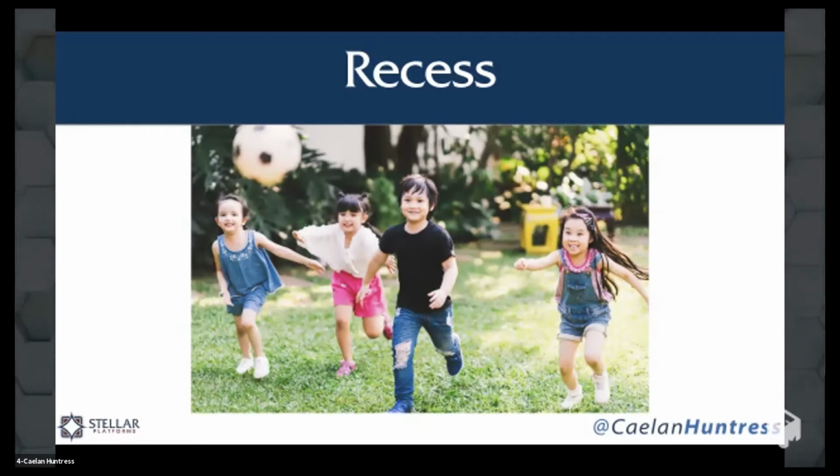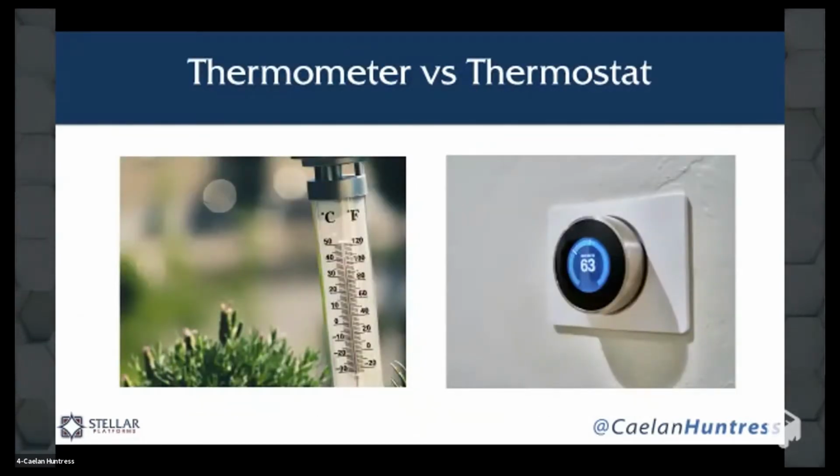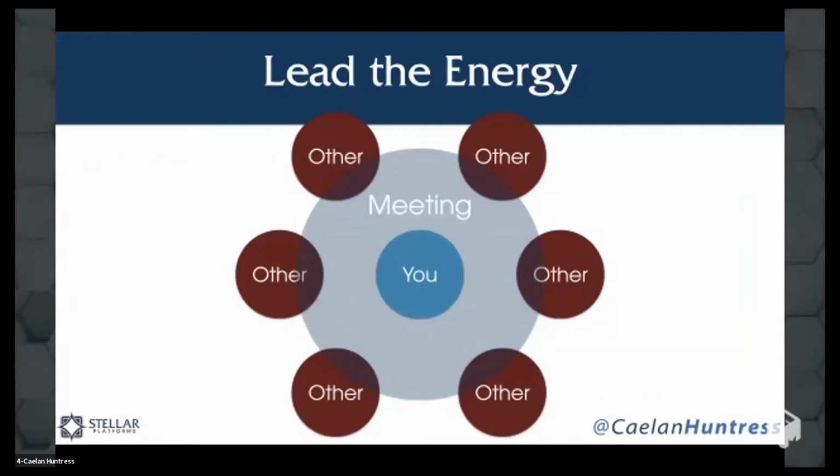And in Zoom meetings, this is like the difference between being a thermometer and a thermostat. A thermometer can accurately gauge the temperature of a room, but a thermostat can set the temperature. And that's what you can do in your Zoom meeting. Your energy leads the group energy.